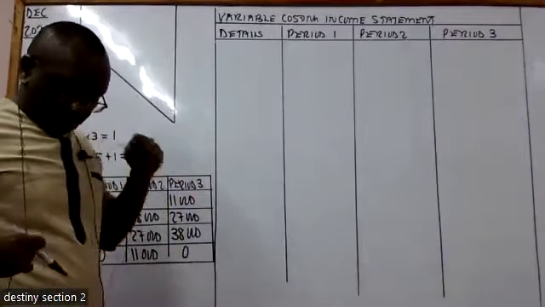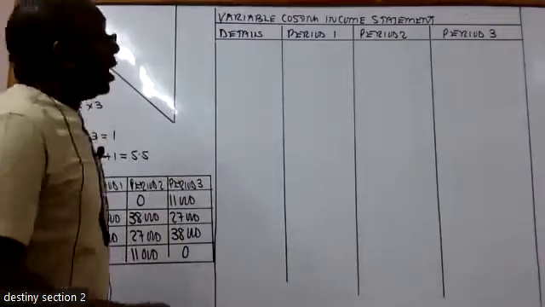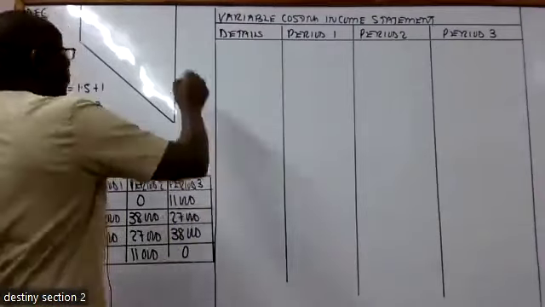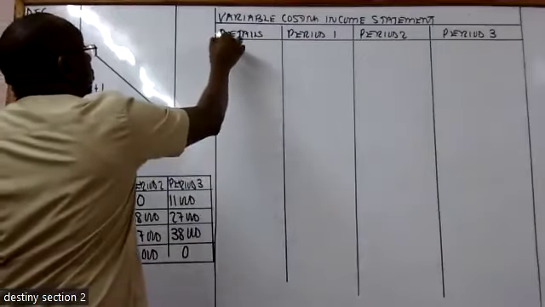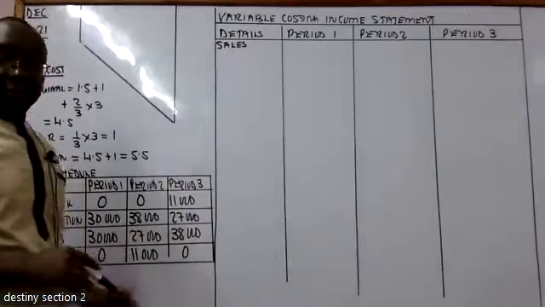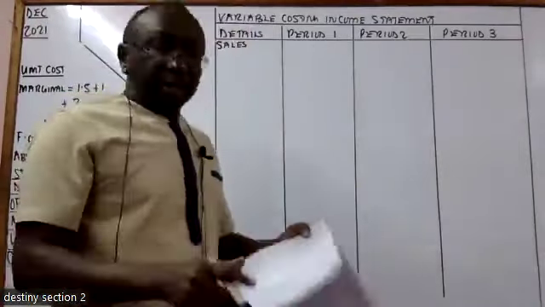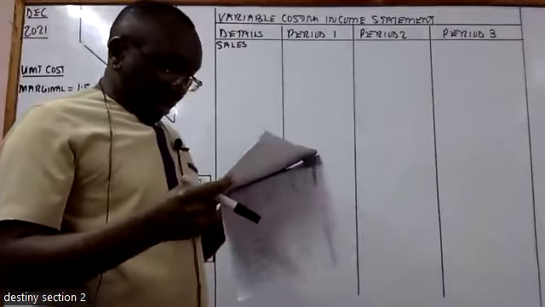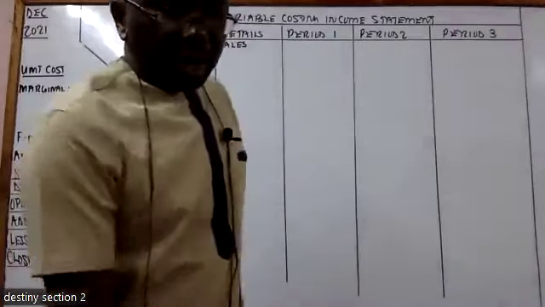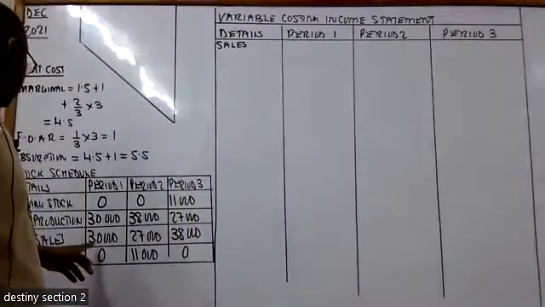What we do now is to get the sales. We know that the selling price is 9.